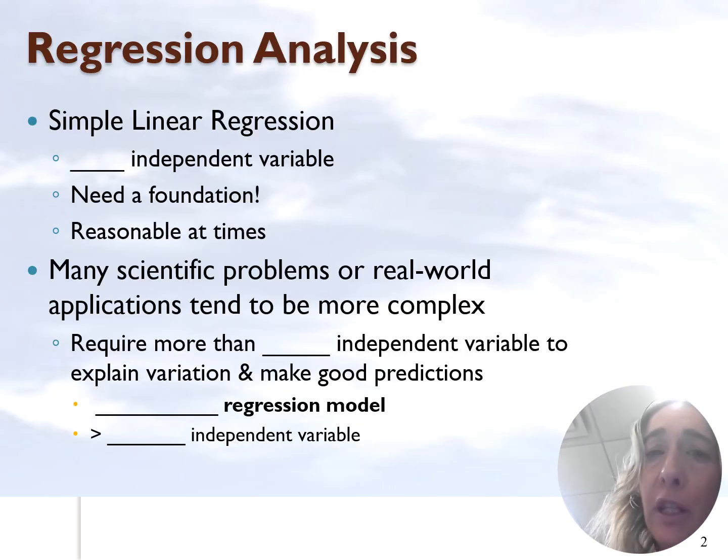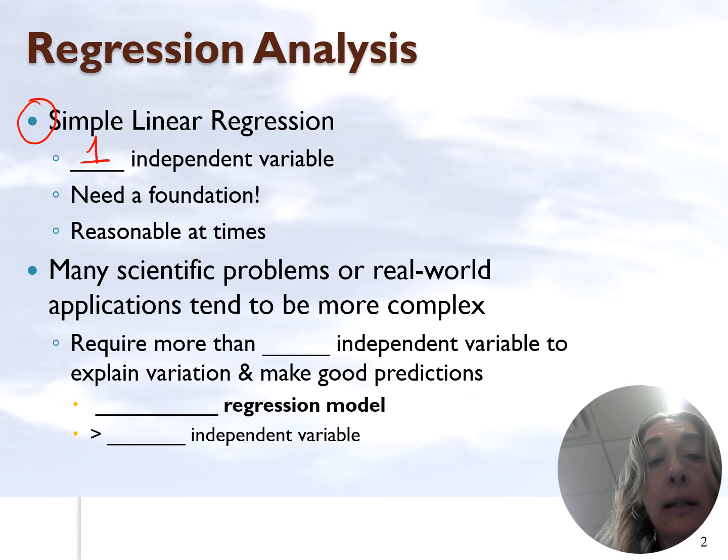Thus far, we have learned about simple linear regression, which involves just one independent variable. We discuss simple linear regression because we need a foundation in order to study more involved techniques.